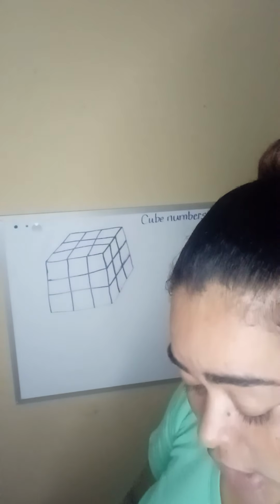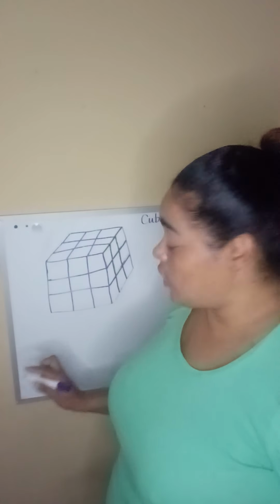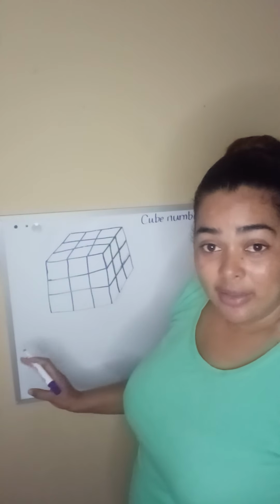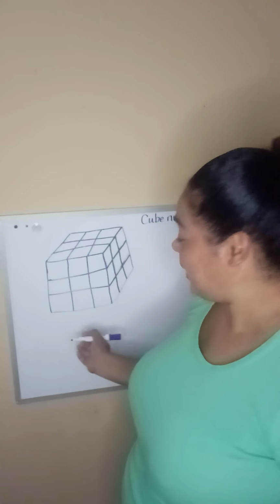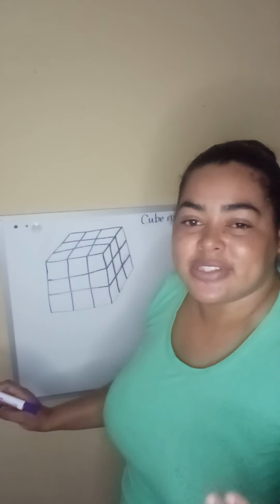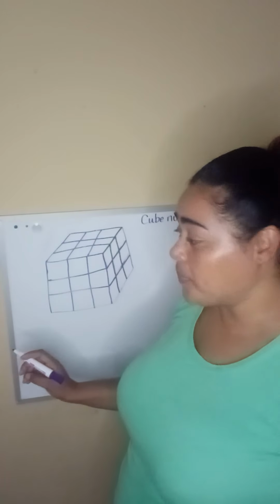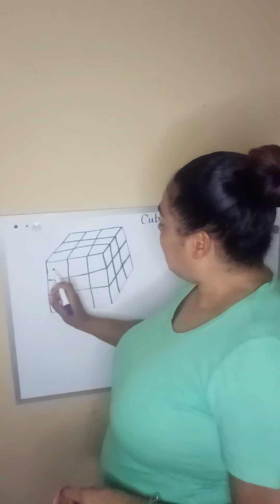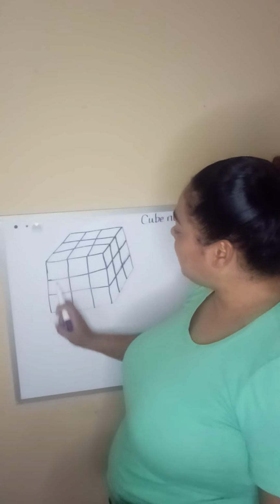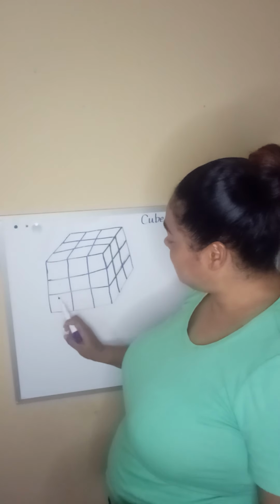If you notice here, we have something that is shaped like a cube. Now, this is here to help you understand why it is a cube number. How many boxes do we have here coming down? We have how many squares? 1, 2, 3.